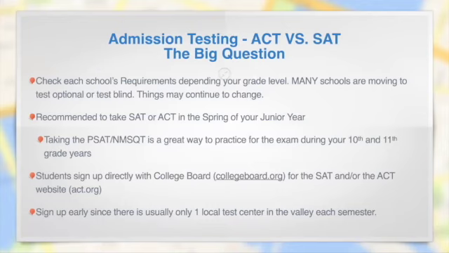All right. Admissions testing, the big question has been going on since we went to distance learning 2 years ago. So it's changing. That's why it's super important you check each school's requirement depending on your grade level. Many schools are moving to test optional or test blind, and things may continue to change.